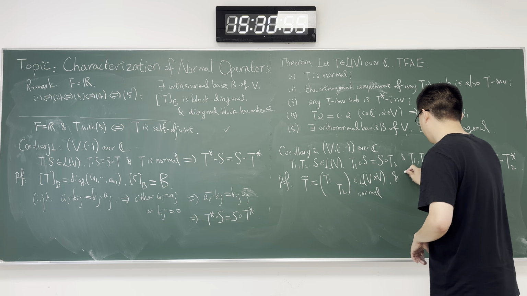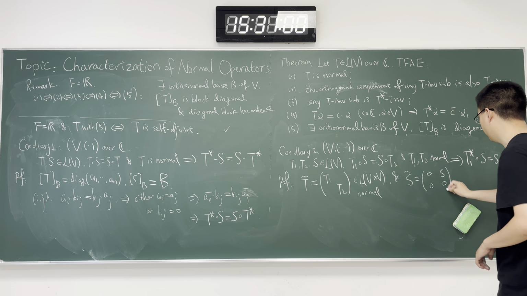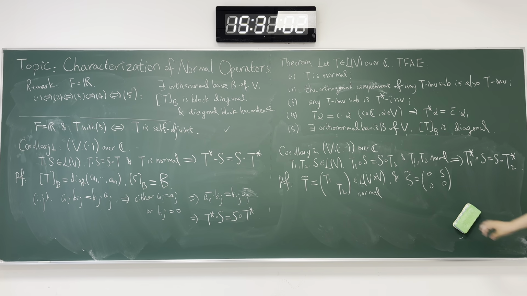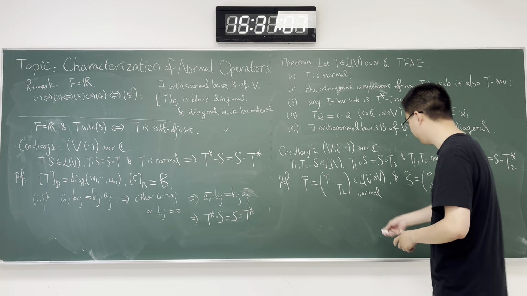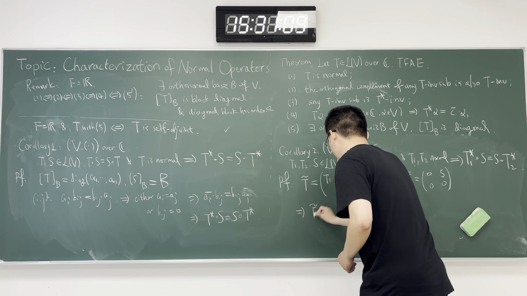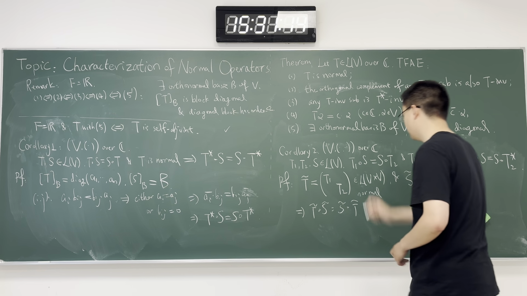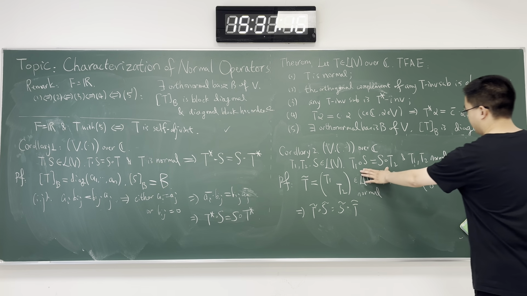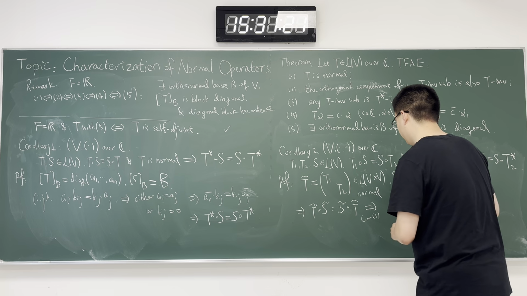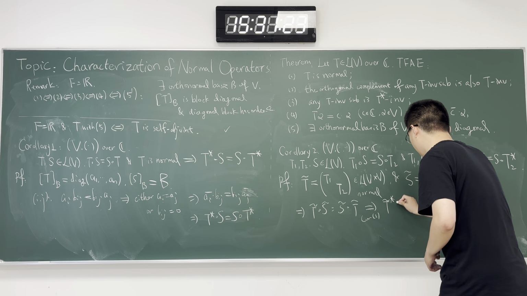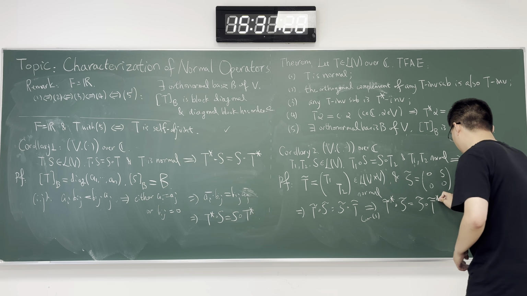We put S tilde to be the matrix 0, S, 0, 0, with S on the upper right corner. Then on the vector space V times V, it is easy to check that T tilde composed with S tilde is equal to S tilde composed with T tilde, because of this equation. By corollary 1, T tilde star composed with S tilde equals S tilde composed with T tilde star.